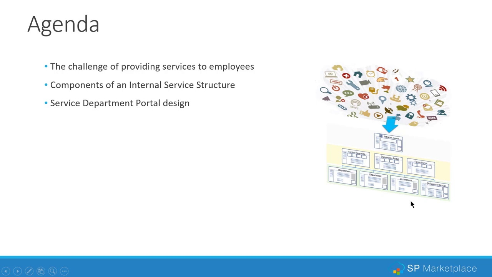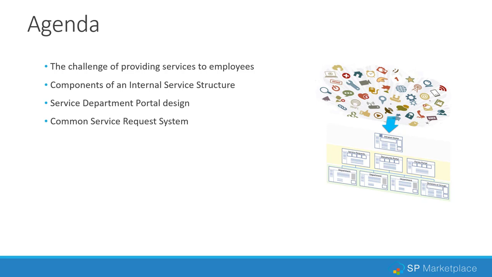We'll take a look at, from an Office 365 and a portal perspective, the components of an internal service structure and how you might create a service department portal design that you can use across, say, IT and HR, in a consistent design across departments. For the employee, it offers a consistent design and an intuitive way to get to services, resources, and so on, but for the departments, the flexibility to provide differences in content and other things that recognizes their different functions.